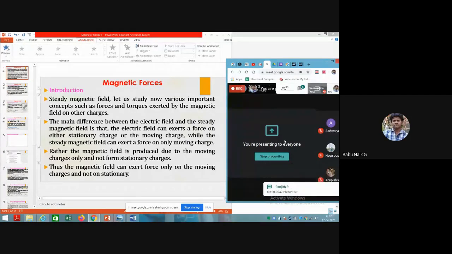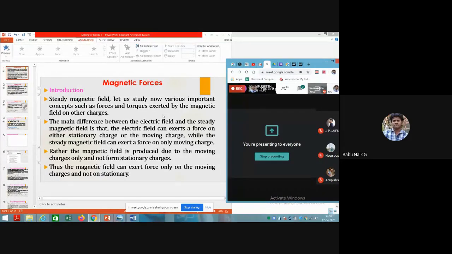Now let us take some problems, the major things that involve magnetic fields. In this second half, electrostatics and magnetostatics were the first half. The remaining, second half, will start on the magnetic forces, which we are going to study now.